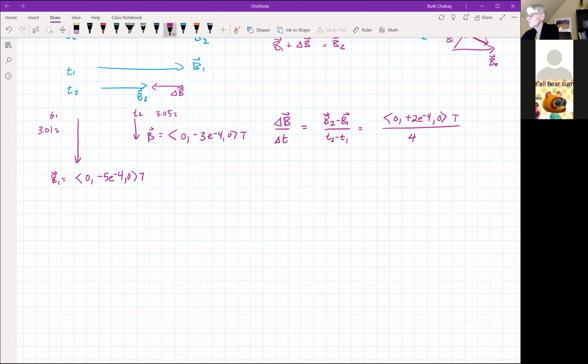So 4 times 10 to the negative 2 seconds. And so what we'd get is 5 times 10 to the negative 3, 0 Tesla per second. And of course, minus delta B over delta t would just multiply that by a negative 1. So we'd have a negative 5 times 10 to the negative 3, 0 Tesla per second.